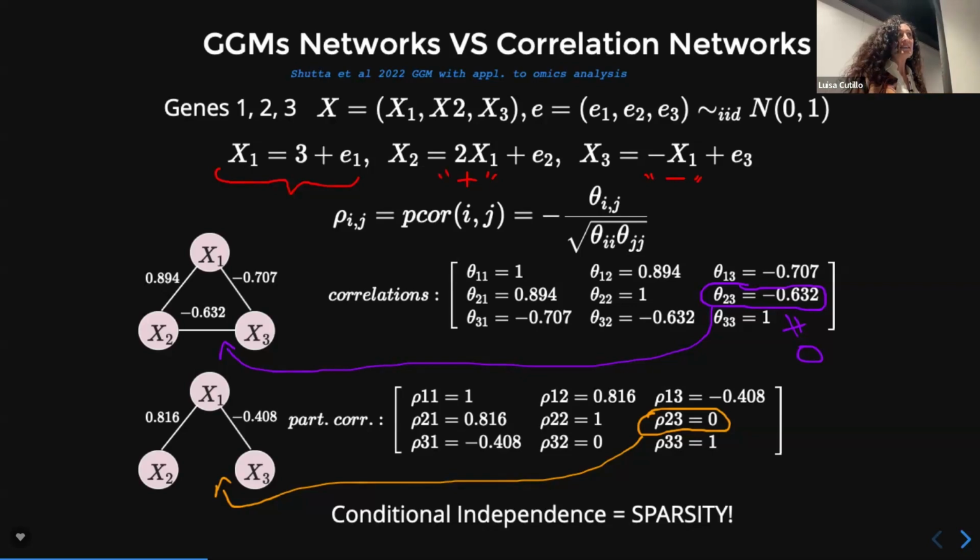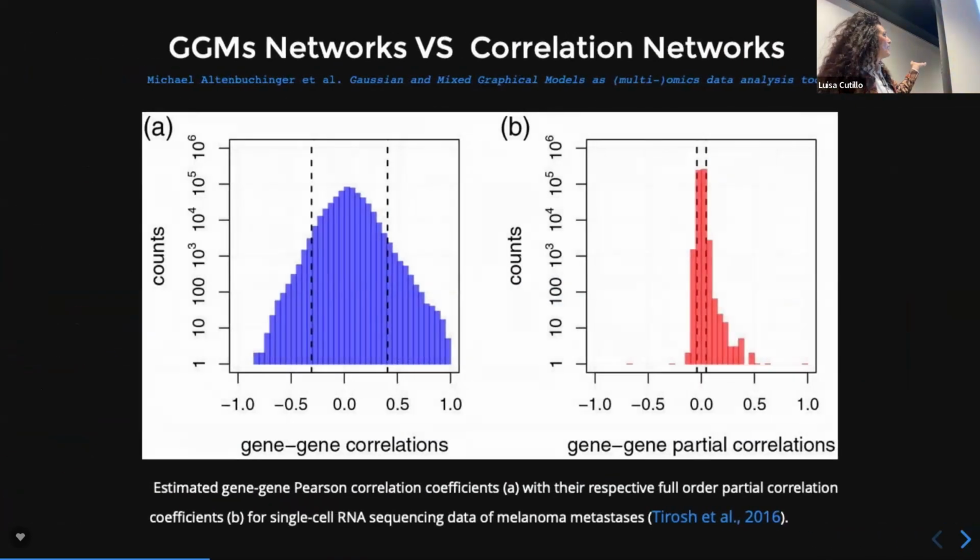And is this a valid assumption in biology in general? Well, for gene expression, because we were starting from that example, this is from this paper on Gaussian and mixed graphical models as a multi-omic data analysis tool. And we have the case of single-cell RNA sequencing data from melanoma metastasis.